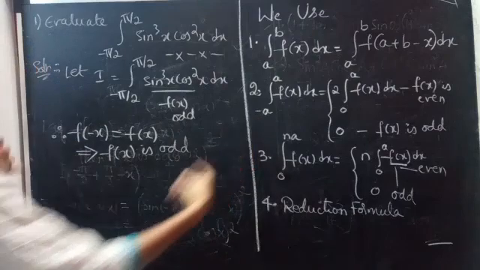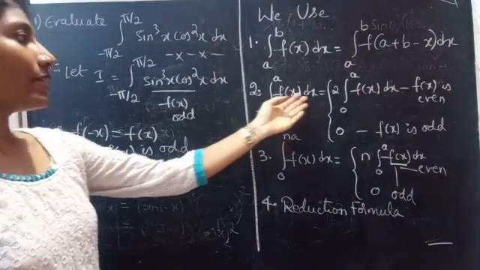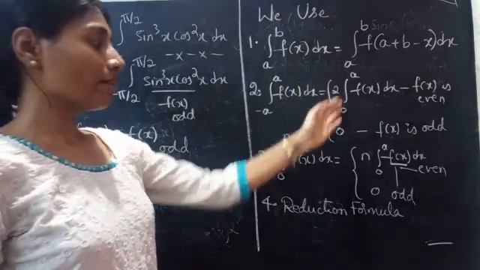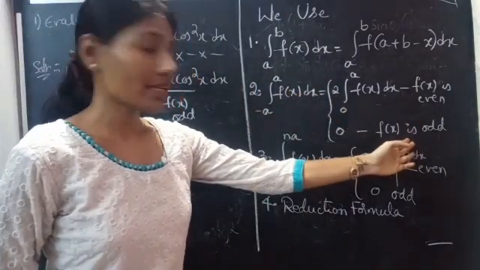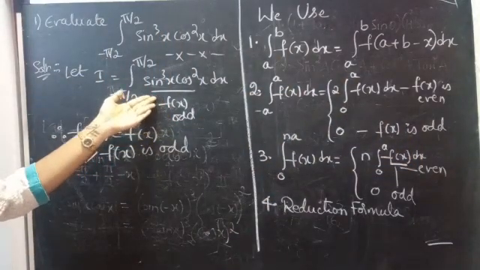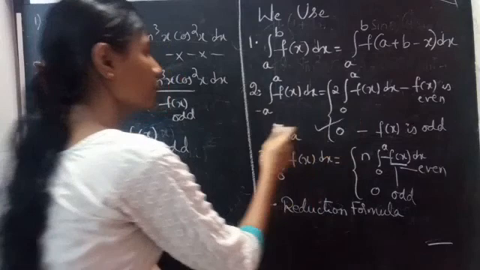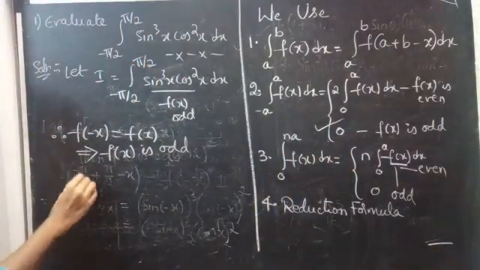Next step, second property. Integral from minus a to a f of x dx, you're having two formulas: when f of x is even and when f of x is odd. Since you're having f of x odd, the integral from minus a to a f of x will be 0.